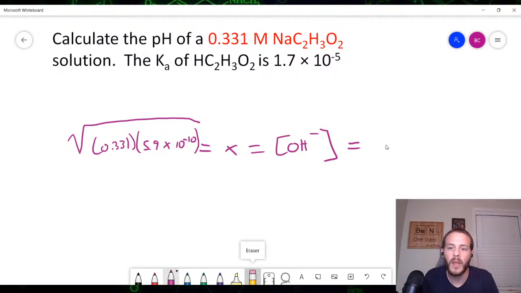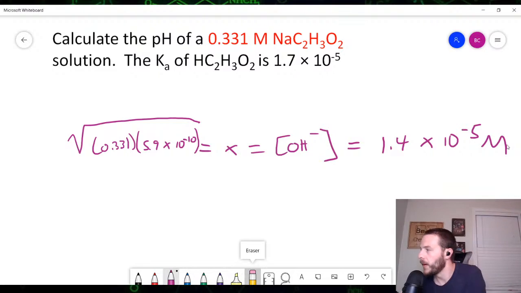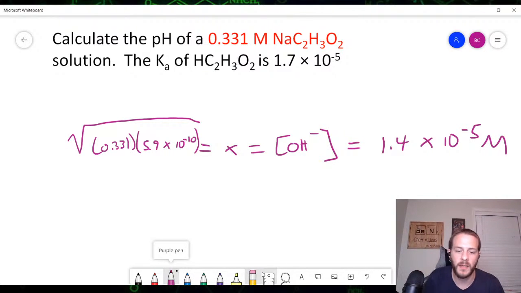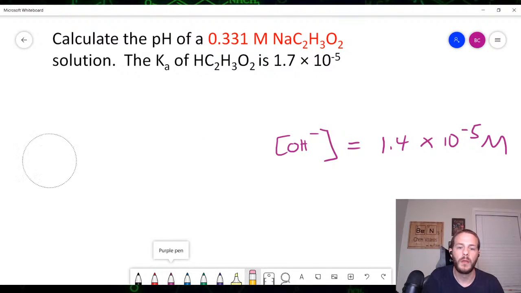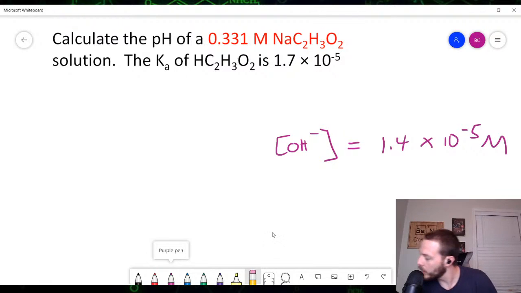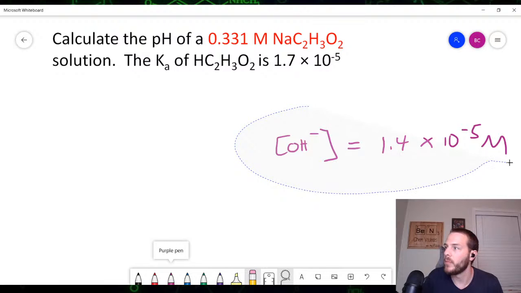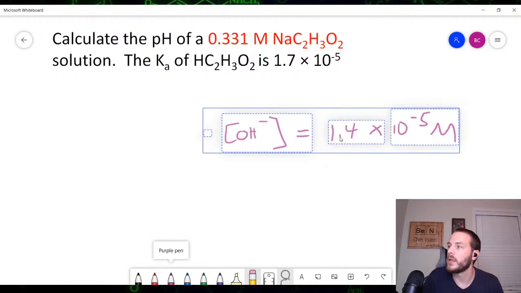I guess just 2. 1.4 times 10 to the minus 5 molar, right? Our hydroxide concentration is 1.4 times 10 to the minus 5 molar. So I'm just going to grab this guy and stick it up here.